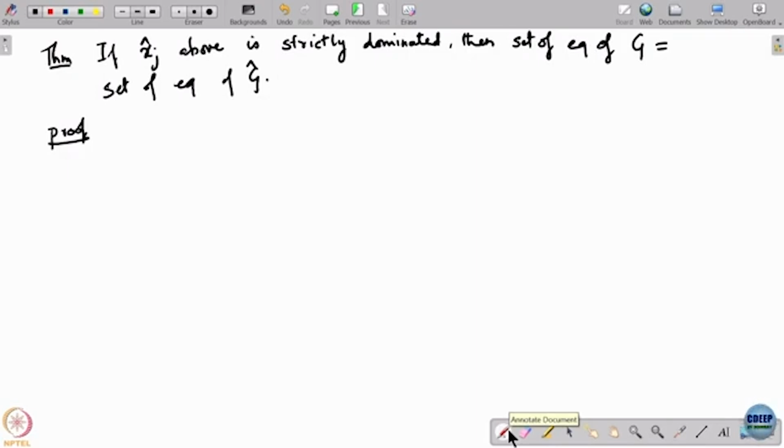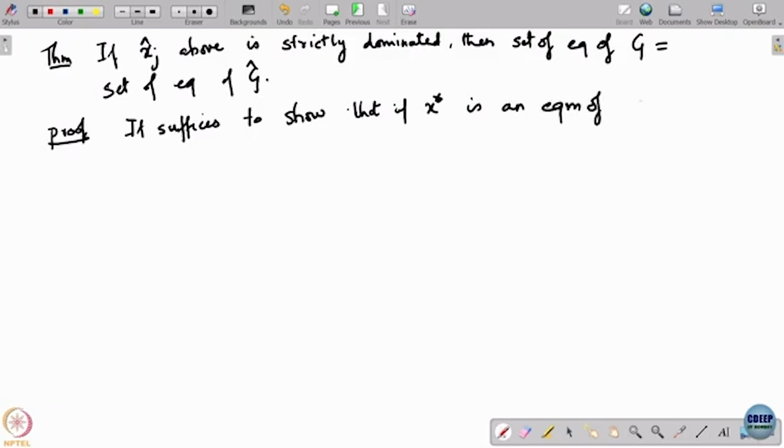As far as proving this is concerned, we already know that no new equilibria are created. So, it suffices to show that no equilibria are lost. It suffices to show that if x star is an equilibrium of G, the original one, then x star is an equilibrium of G hat.